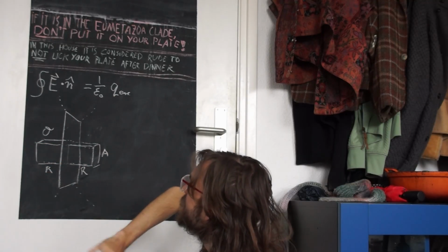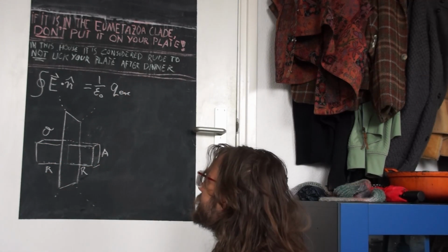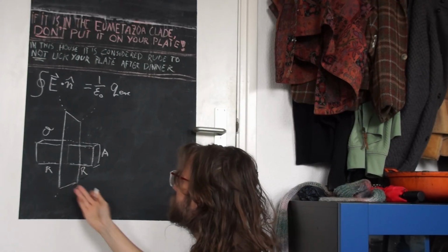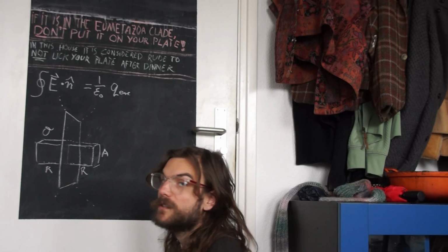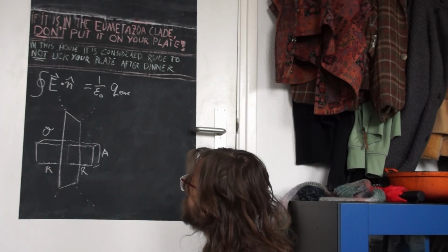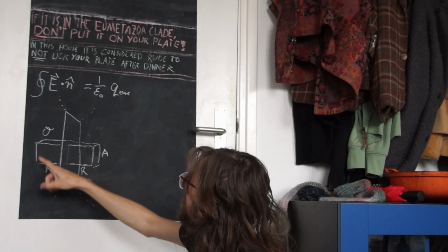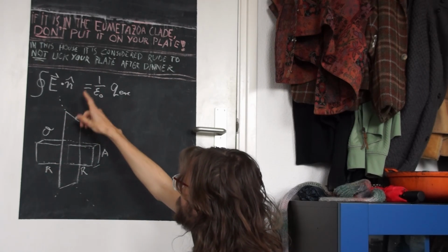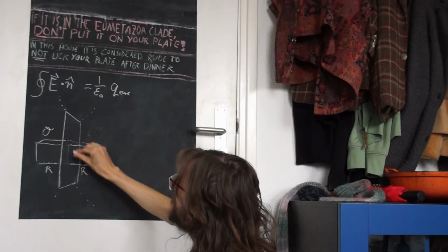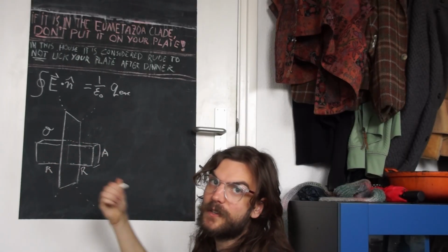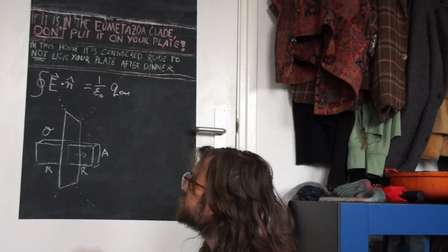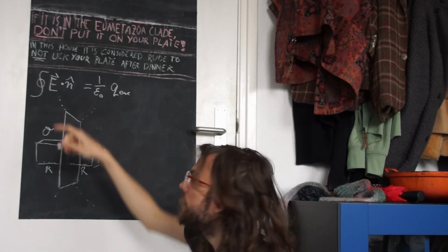You can imagine it is dense with electrons, for instance, or the lack of electrons. It could be a metal plate, it could be a plastic plate with just a charge put on it somehow. But this beam is our integration shape, and we know that we can ignore all the sides of it because the electric field there is going to be perpendicular to the normal vector, so the dot product is 0.